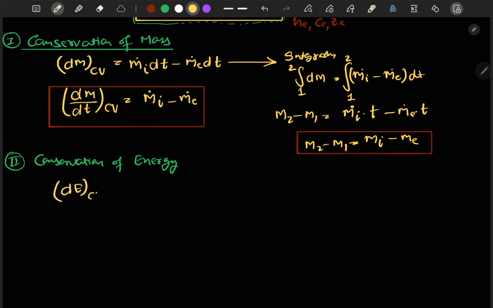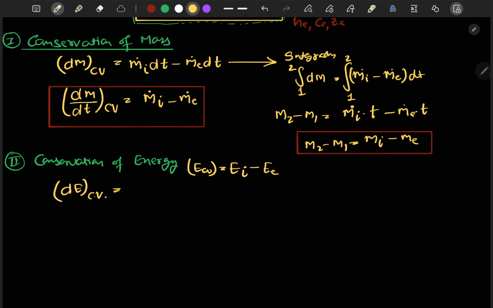Let's say dE is the amount of energy accumulated inside the control volume. How will we describe the amount of energy stored? The energy accumulated in the CV is equal to energy entry minus energy exit.